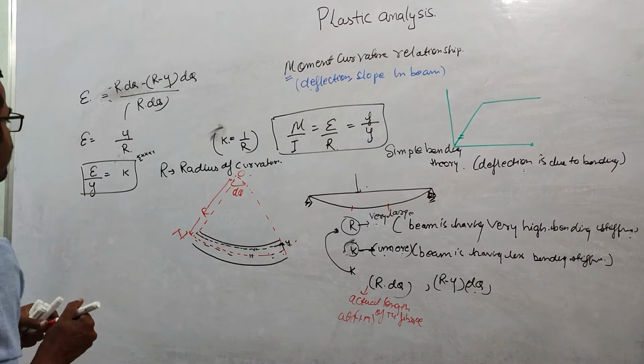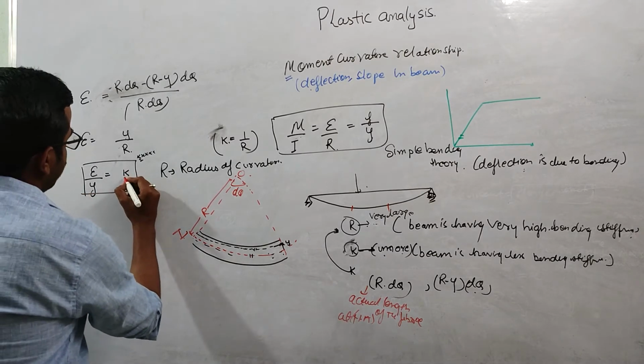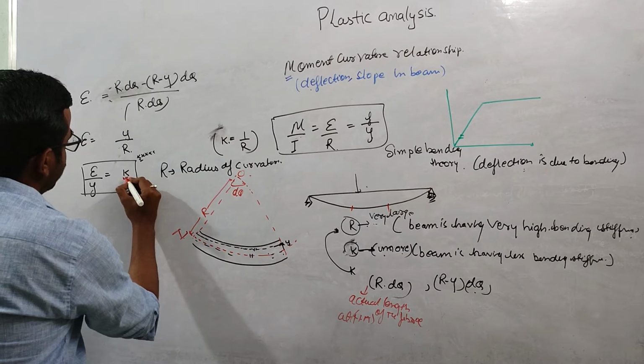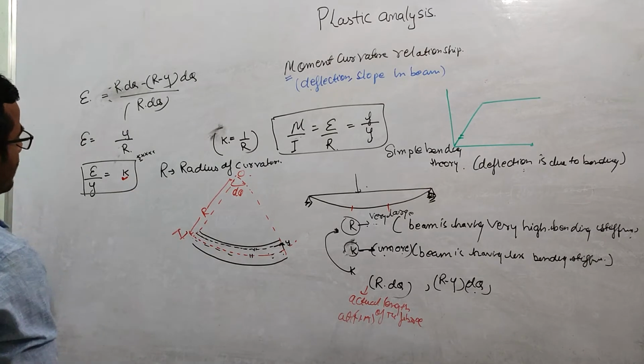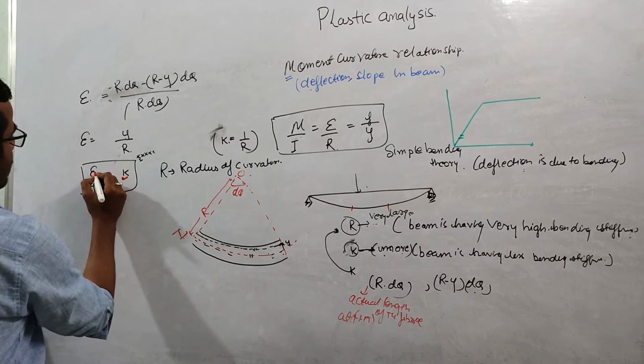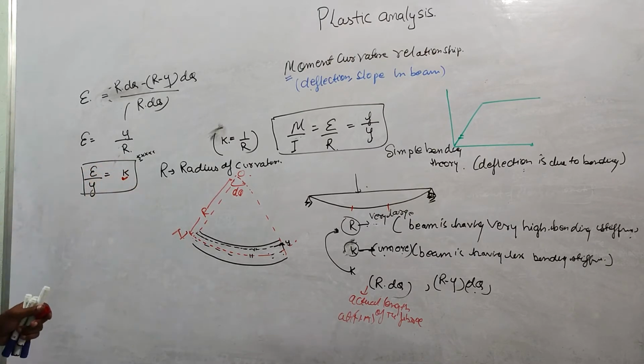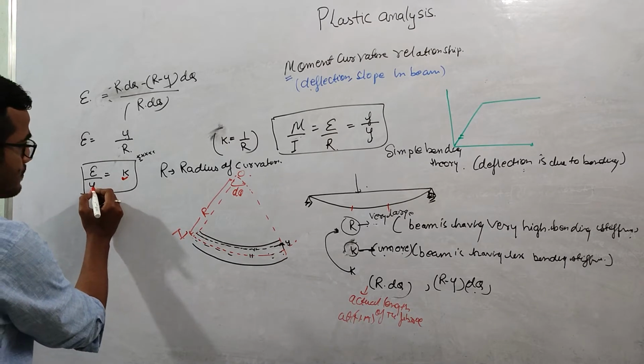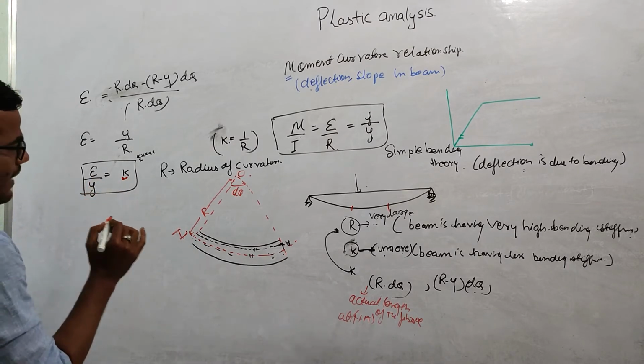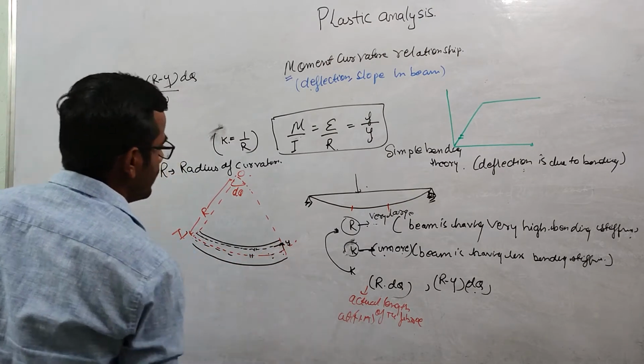This is a relation between the radius of curvature and this strain. This is the relation between the curvature and the strain, basically. So if you want to calculate the curvature, you need to calculate the strain at that fiber which is at a distance y from the neutral axis.